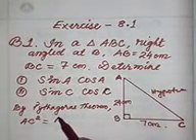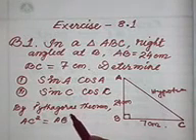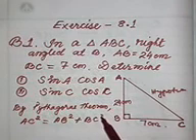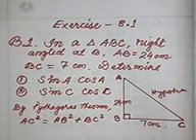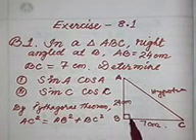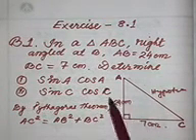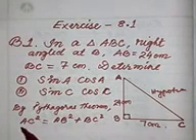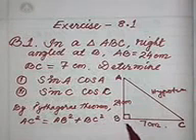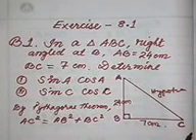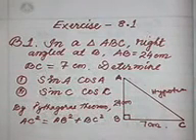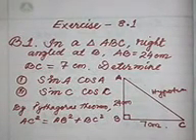So we have to write AB square plus BC squared. So this is Pythagoras theorem. Square of the longest side will be equal to sum of the square on the other two sides. So here longest side is the AC, so AC square will be equal to AB square plus BC square. So this is the Pythagoras theorem, and using this equation we can find out the third side.